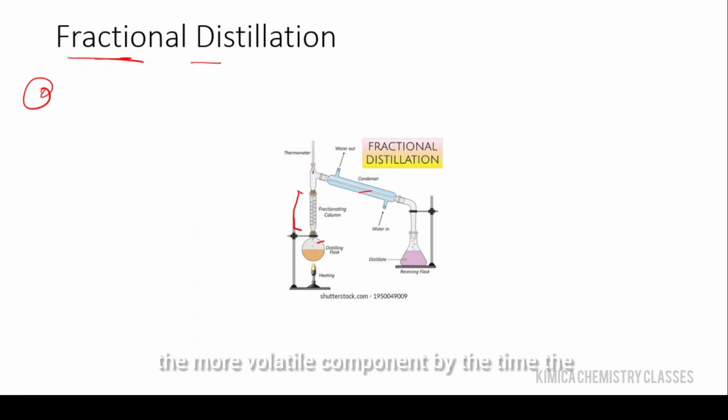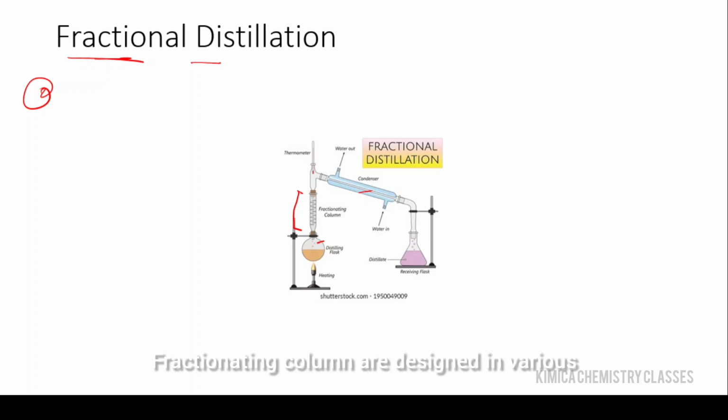By the time the vapor reaches the top of the fractionating column, it is almost pure in the low boiling component. The condensed liquid is then collected. The liquid remaining in the distillation flask becomes enriched in the higher boiling point component.